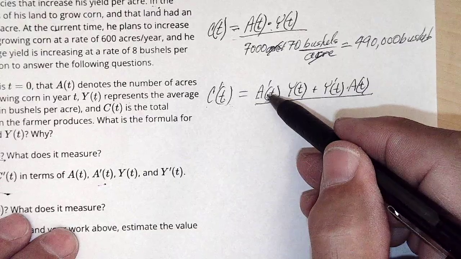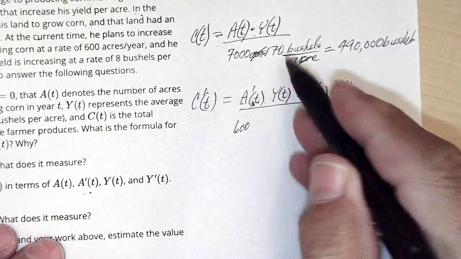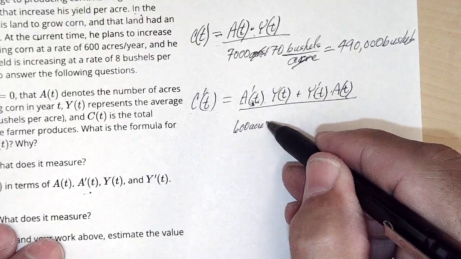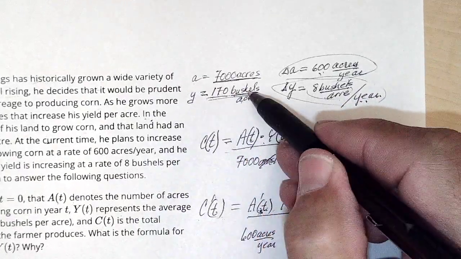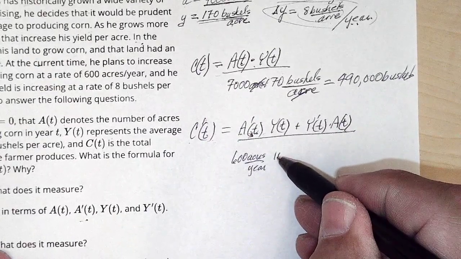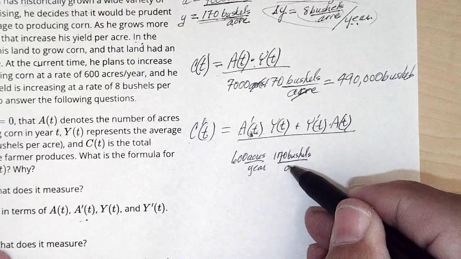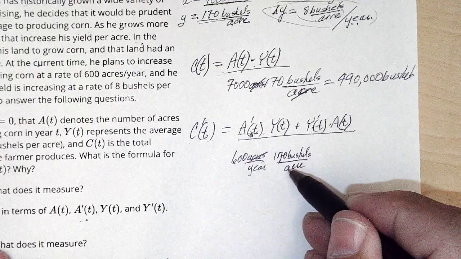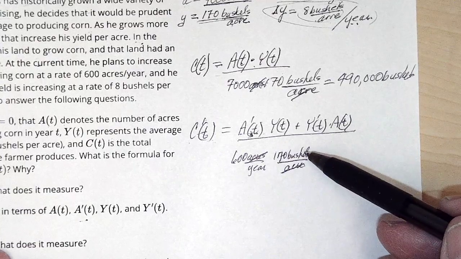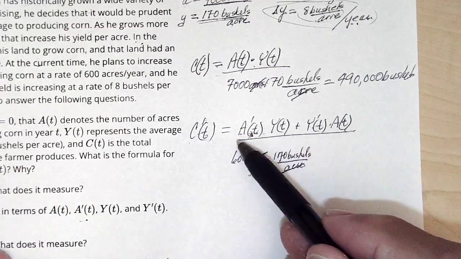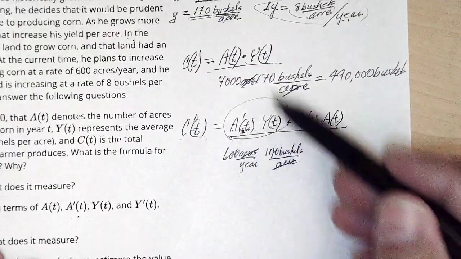A prime of t is 600 acres per year times the yield, which is 170 bushels per acre, and so I get a rate of production of 600 times 170 more bushels per year from the factor of changing the number of acres at that yield.